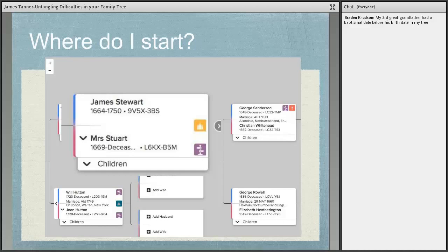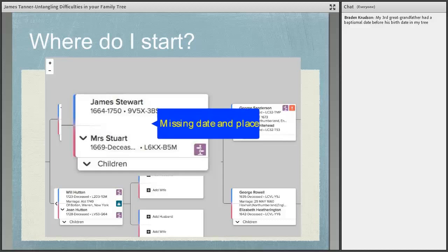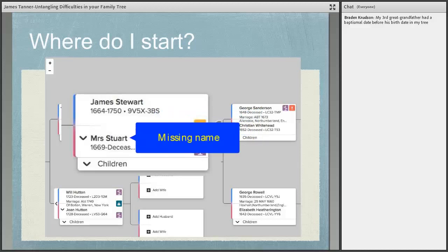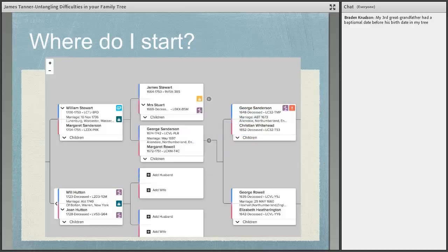That's where we get back to examining a family tree, and once we hit this level, we know that we are not going to go any further with any accuracy at all. It really needs to be verified before it's accurate. And the existence of a big red exclamation point back there is a fairly good indication that we've got some data problems. So right now we have missing date and place, and we have a missing name for that person.